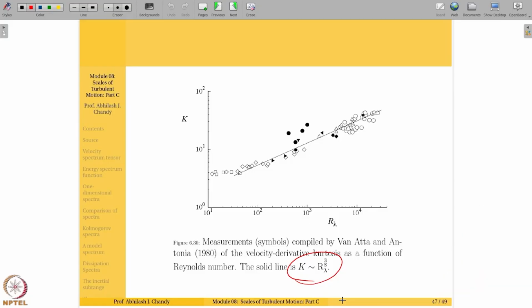So this module covered a lot of different things. We started by talking about the velocity spectrum tensor. Then we went on to describing the energy spectrum function. We talked about the 1D spectra, how the spectra vary. We looked at different kinds of scaling. We normalized it to see the universality of the spectra.